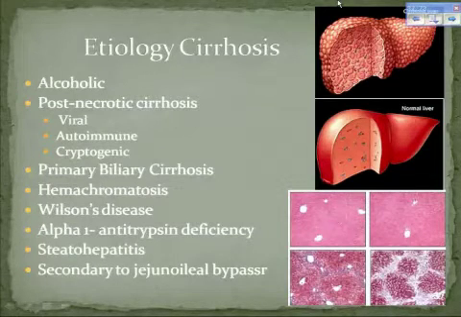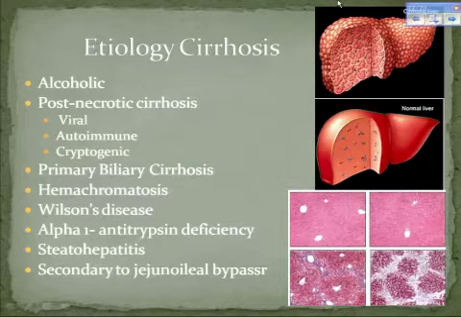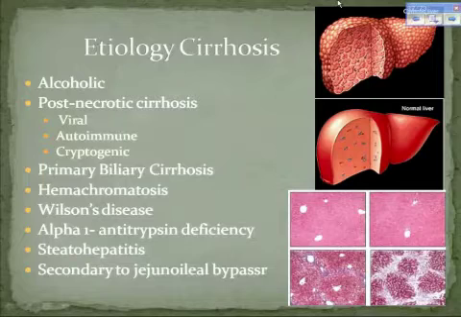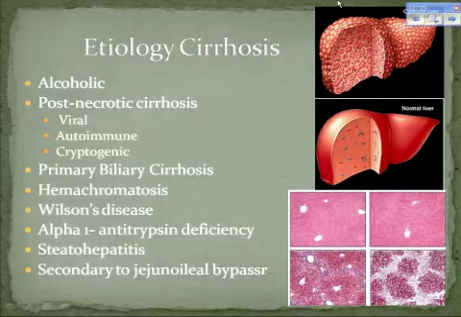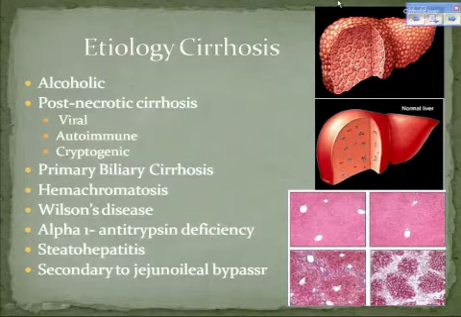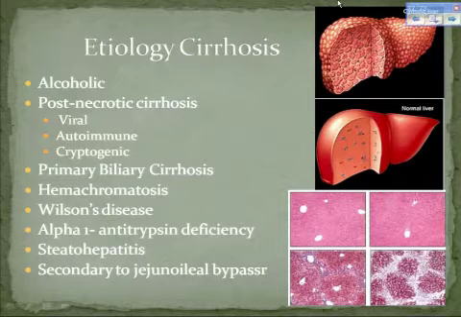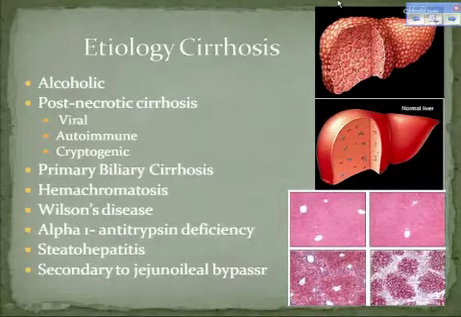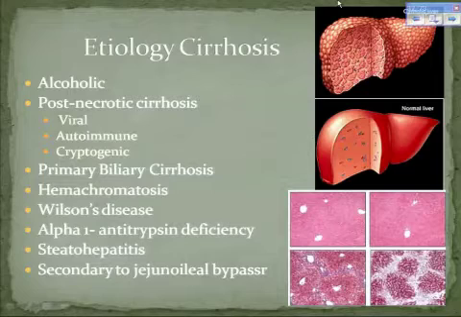The most common form of cirrhosis in the United States is actually self-induced. It's due to alcohol. So alcoholic cirrhosis is a big issue. The big issue about alcoholic cirrhosis is that it depends on the person's diet. If you look at alcoholics that don't have cirrhosis, they usually have intact families where somebody's constantly feeding them 2 or 3 meals a day.